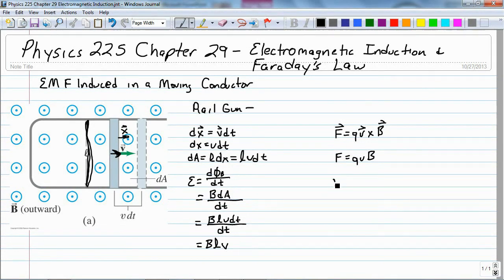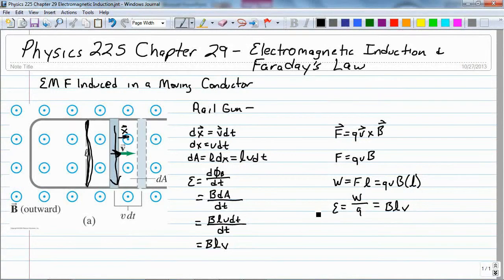The work that it takes to move that is the force times the length, because I'm moving the charge along this length, and that's just going to be equal to QVB times L, and the potential E is equal to the work divided by the charge, and that just leaves me with BLV.